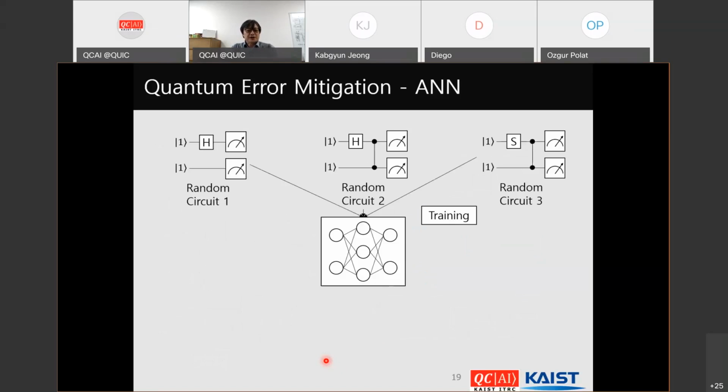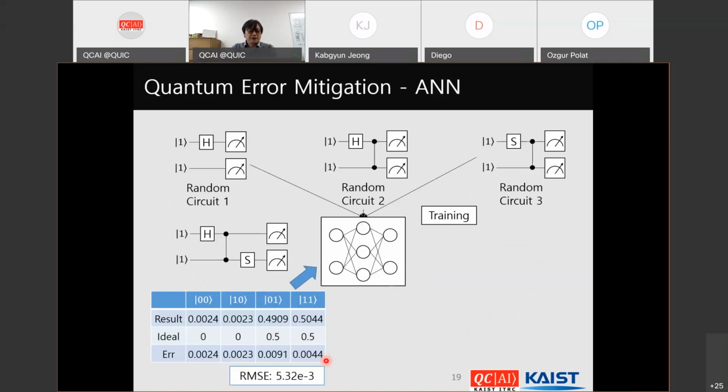So there are many random circuits, and we train on them, and this is actual data like this one. When we train, we provide the circuit configuration information to the neural network, and then we also provide the result with calculated errors, right?